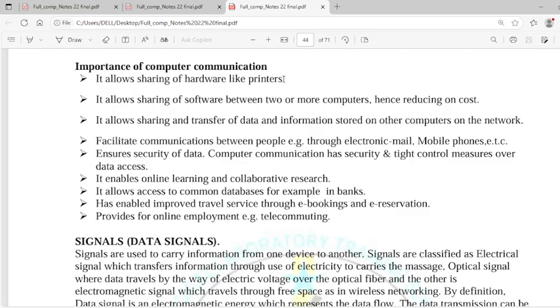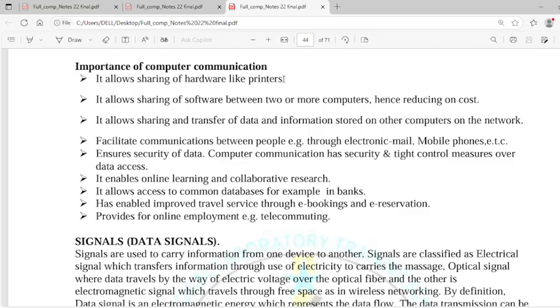For example, software that is installed in the cloud allows all other computers to use it when they are connected to the same network.